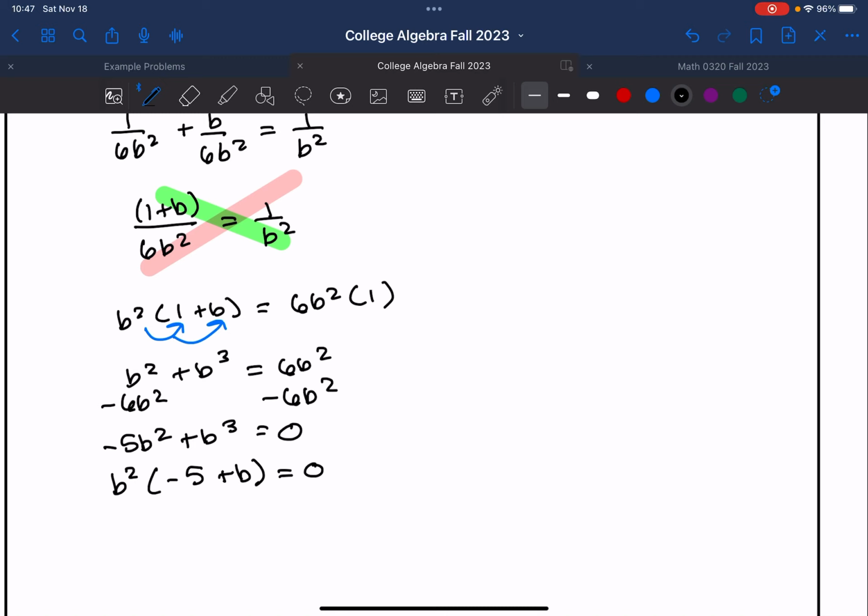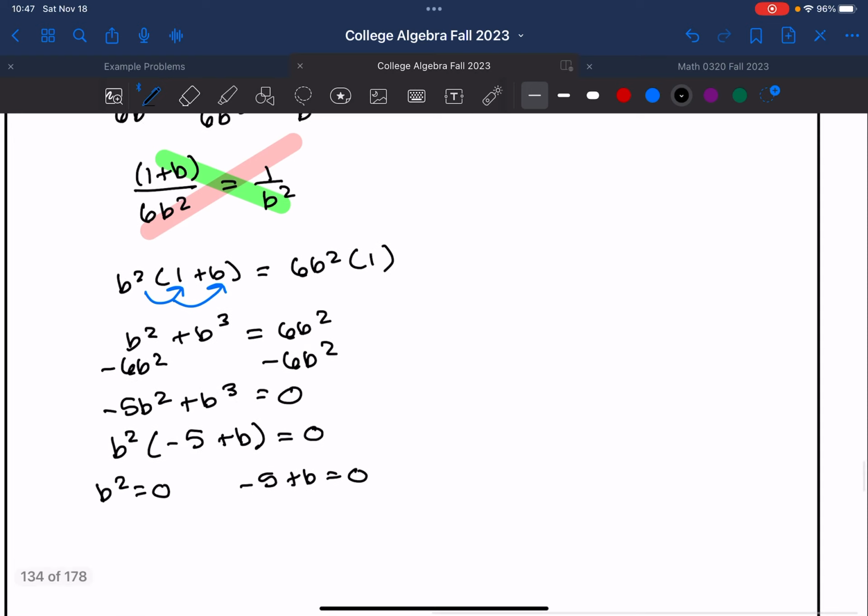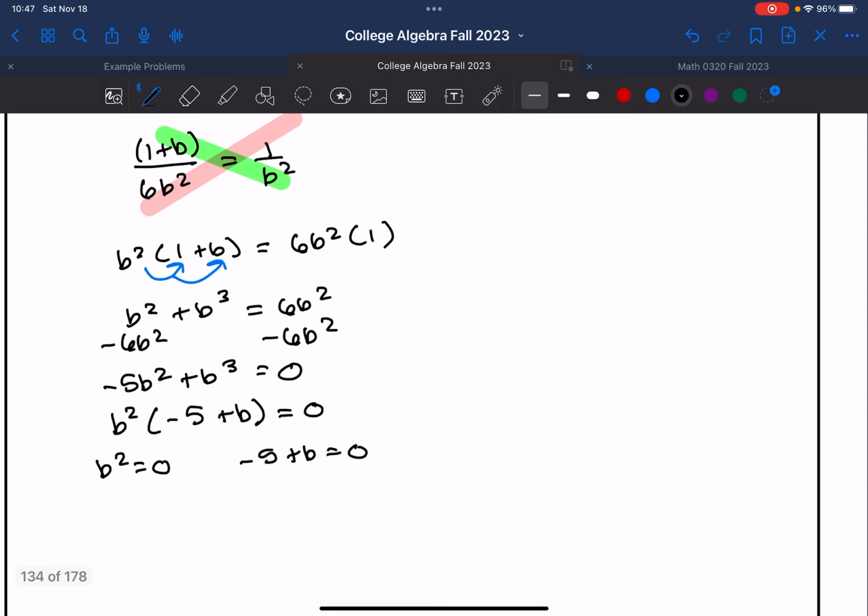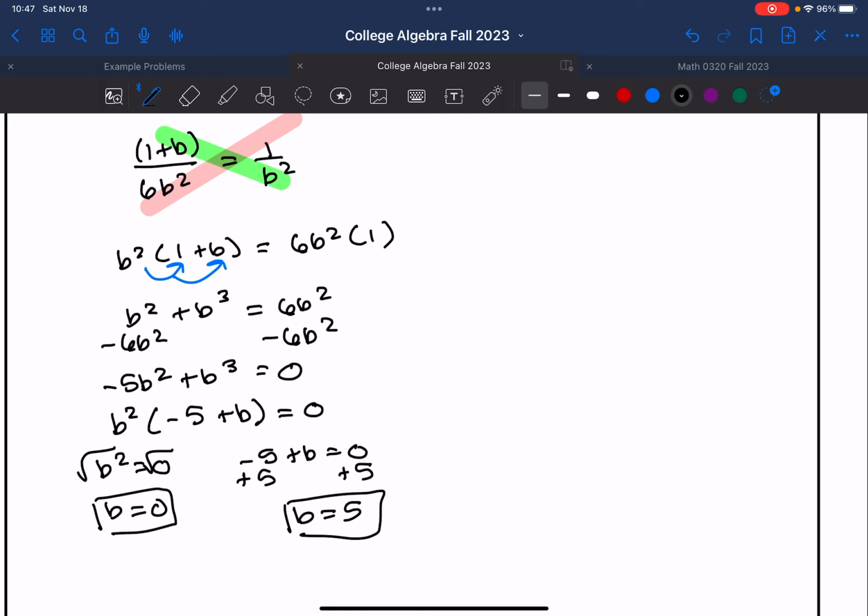Then I'm going to set each one equal to 0. So b squared equals 0, and -5 plus b equals 0. b squared equals 0, take the square root of both sides, and I get b is equal to 0. Add 5 to the other side, and I get b is equal to 5.